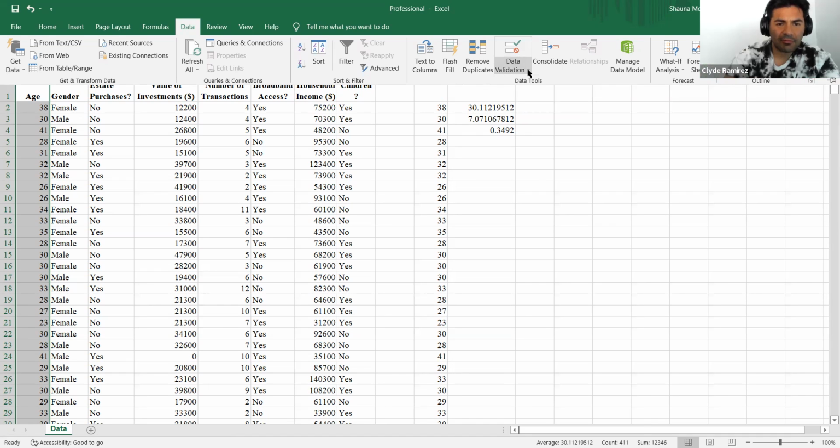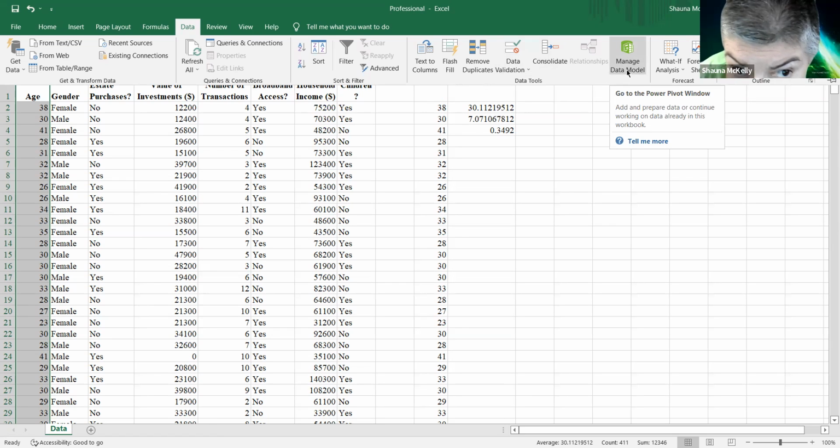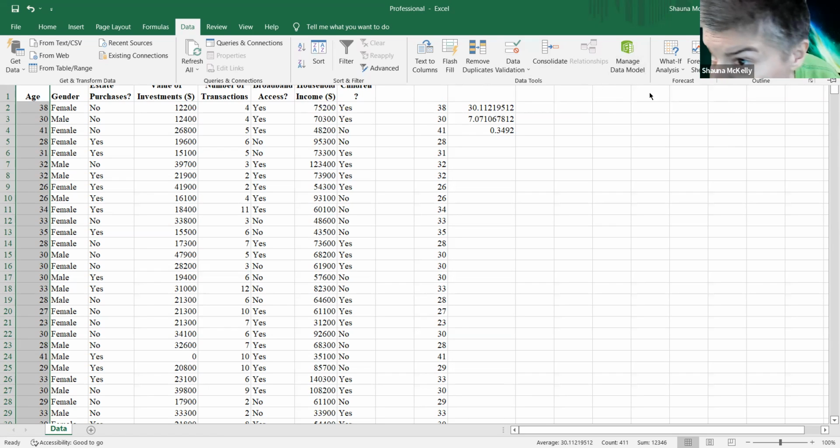For the average, Shauna, why is it giving me a negative for the average? For which column are you doing? K, I'm putting in K. I put average K2 to K411, and I get a negative 18,000. Well, I have data in K, so maybe that's part of it.